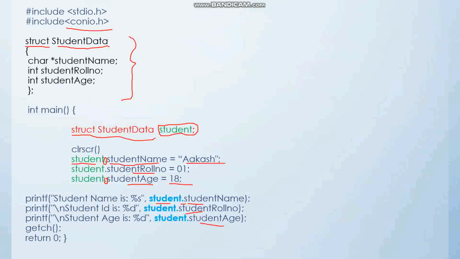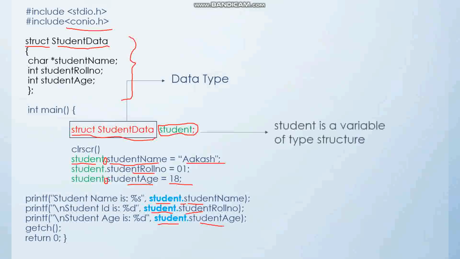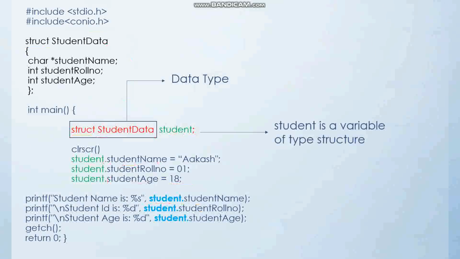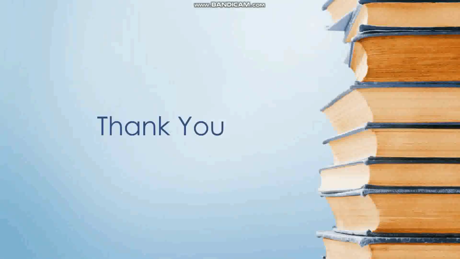Printf student id is %d comma student dot student roll number. Then printf student age is %d comma student dot student age. So now I'm accessing these members. So struct student data is a data type, and student is a variable of type structure. Thank you very much for listening to me very carefully and sincerely.